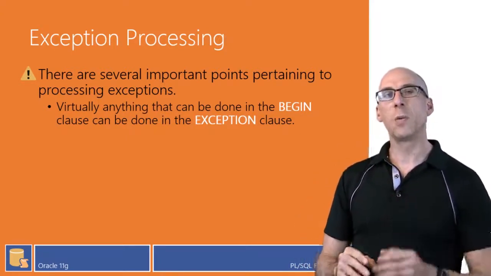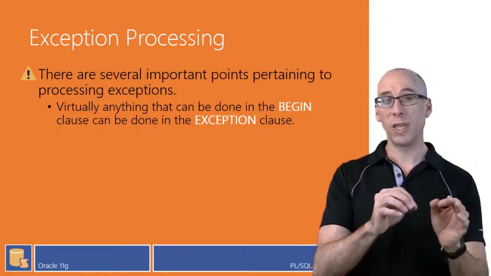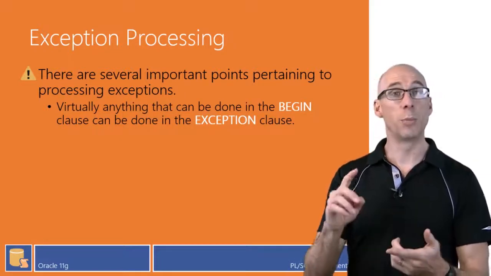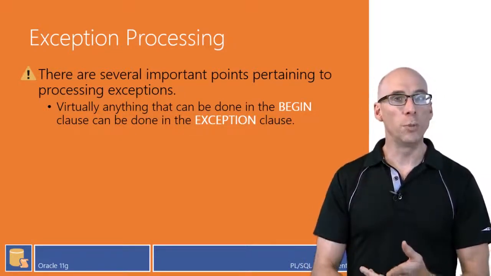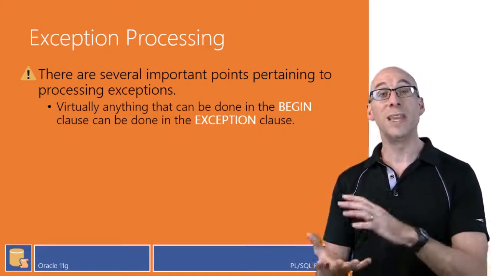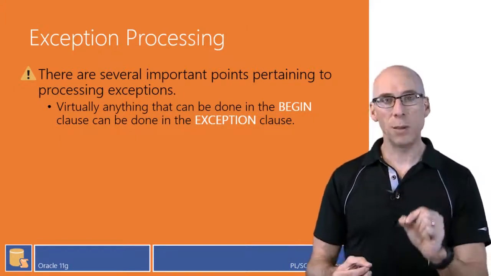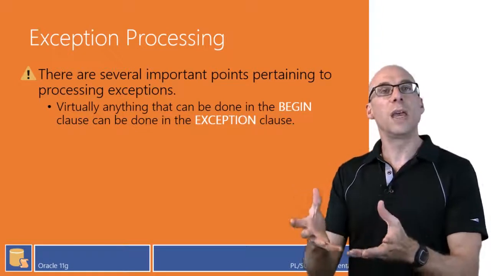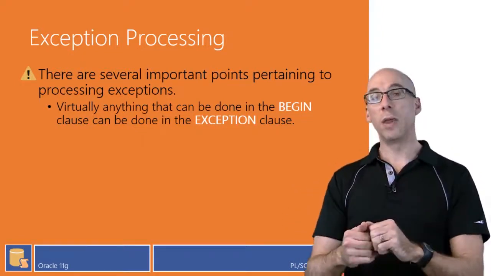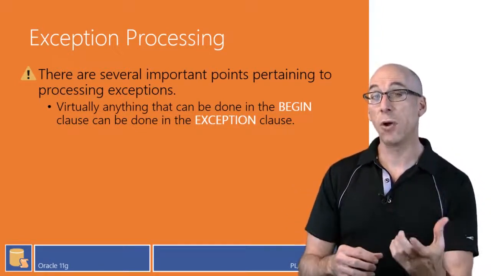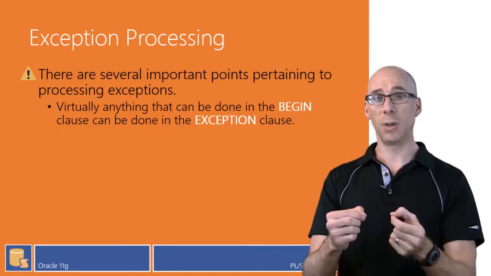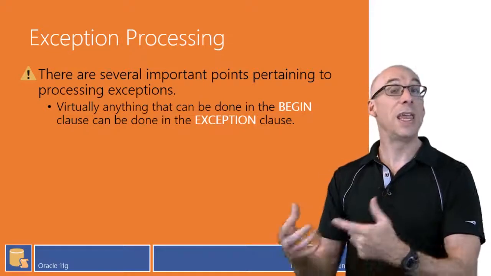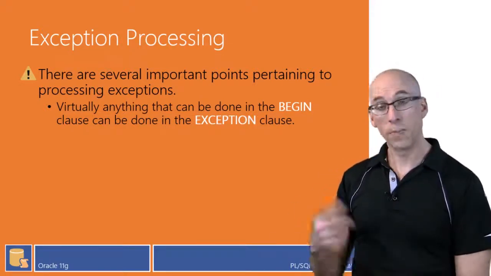Now there's a little thing that we have to do where we test the error that occurred, but we can write code in there. We can put if statements, we can put loops, we can do whatever we want to within the exception statement. And that is a very important point that you must understand, because we can encounter an error, and then, like I said before, an error can be something that tells us a little bit more about what we're doing, and then we can process something differently in the event that an exception does occur. Pretty cool.